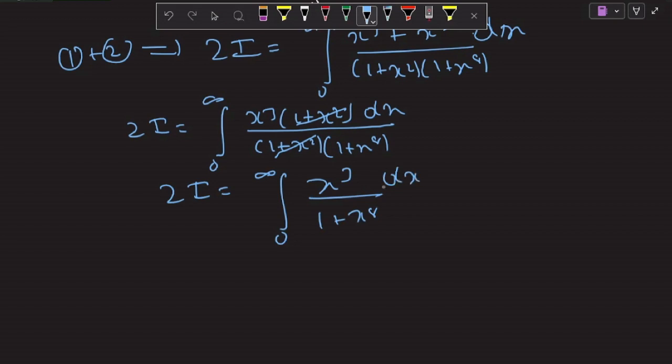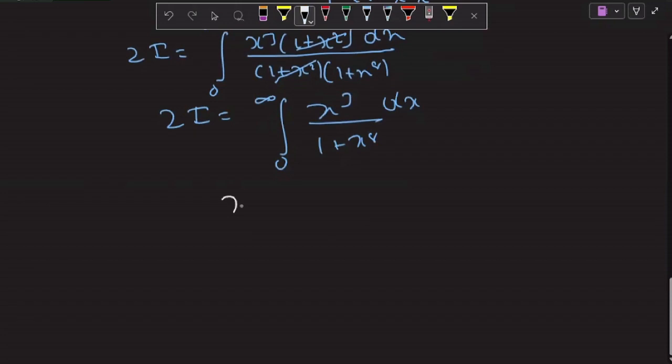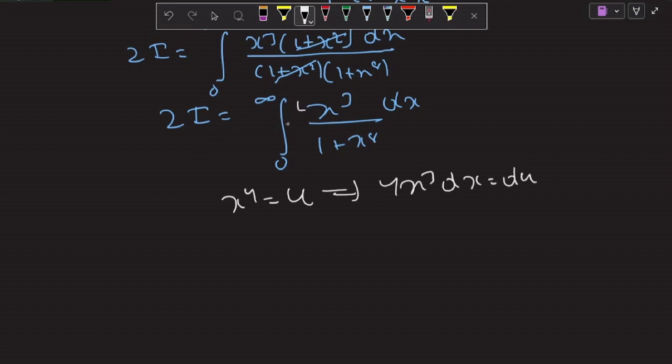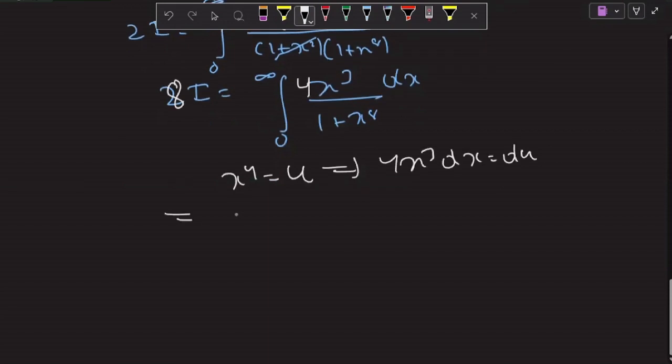Now this is a pretty standard integral. We can substitute x to the power 4 as u. So we get 4x cube dx as du. You can multiply a 4 here and a 4 here to get 8. So we have 8I is equal to the integral of du upon 1 plus u square.